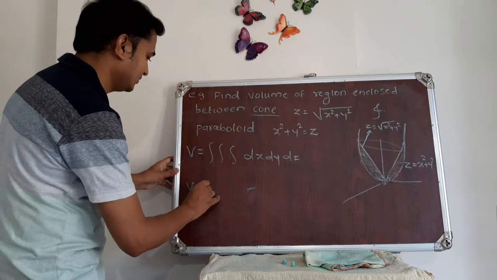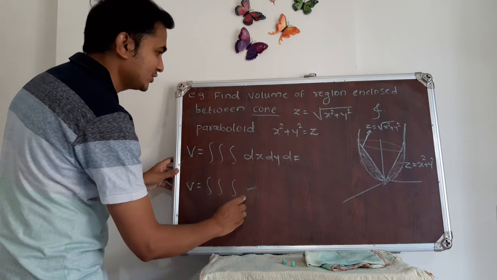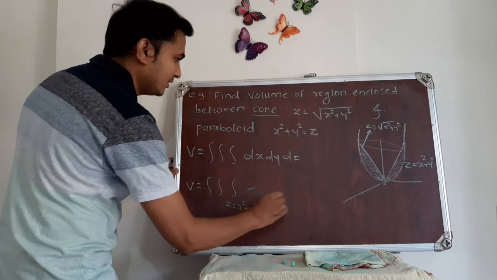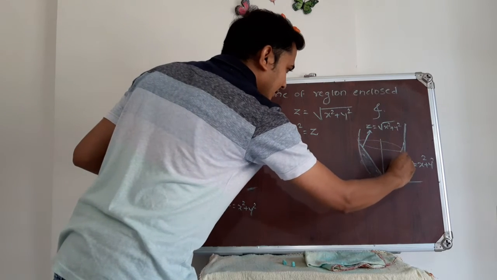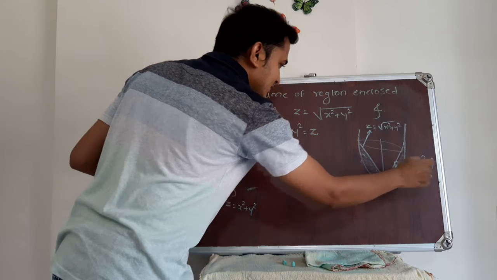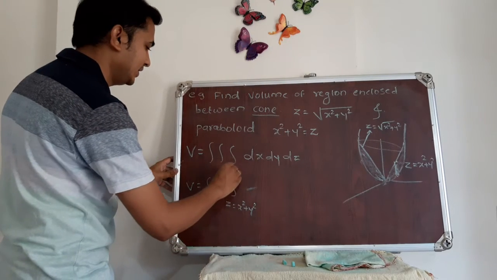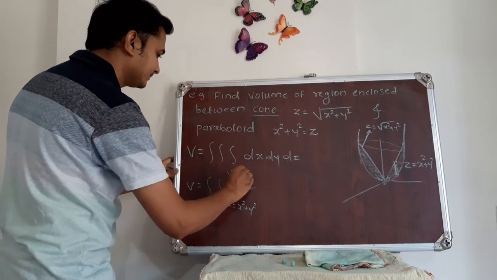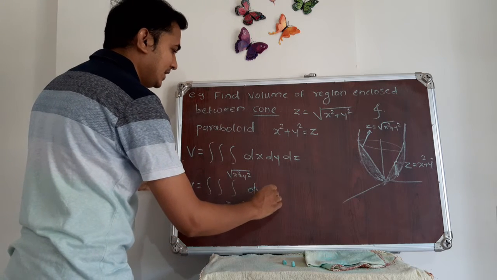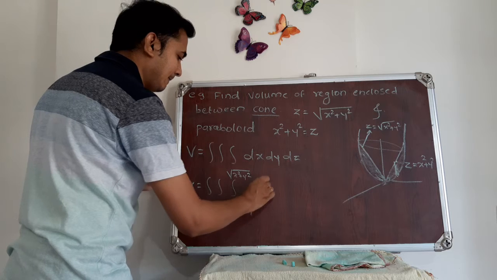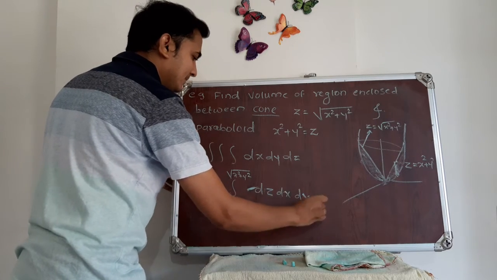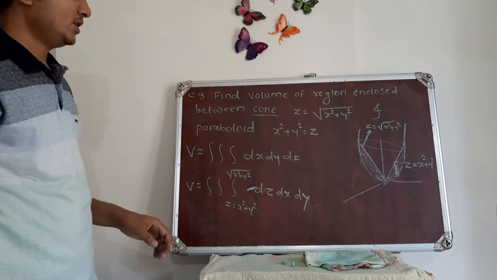So V is equal to the triple integration, where the limits of z are from x square plus y square here to under root x square plus y square here, dz dx dy, isn't it?